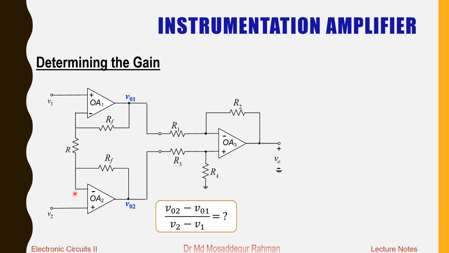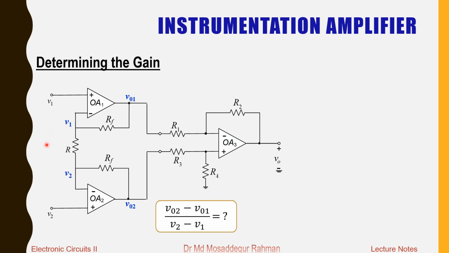Same can be said for op-amp 2: whatever voltage we have at the non-inverting terminal, the inverting input terminal will also have the same voltage. So that means we have voltage V2 here, same as V2 at the non-inverting terminal, and also voltage V1 at this end, same as the voltage V1 at the non-inverting terminal.